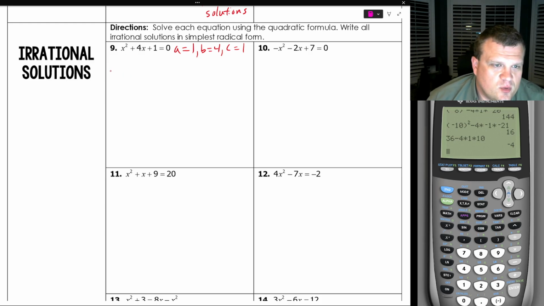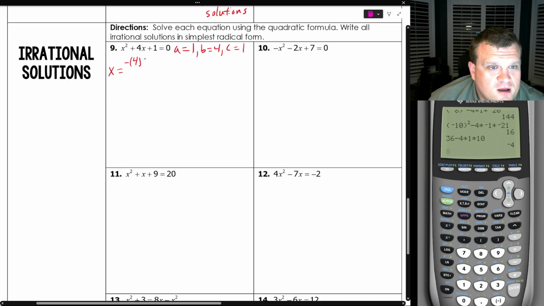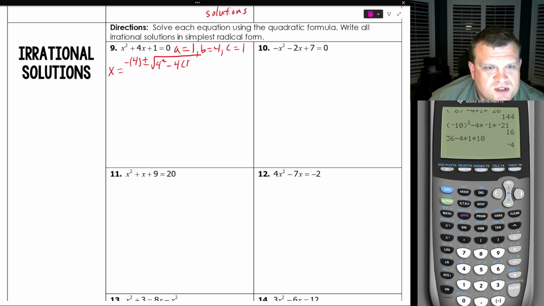Okay? So we would say x equals negative b, so negative times 4. That's a terrible parentheses, I'm sorry. Plus or minus the square root of b squared, so 4 squared, minus 4 times a, which is 1, times c, which is 1, all over 2 times a, which is 1.